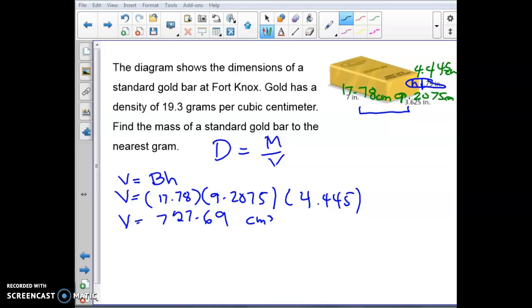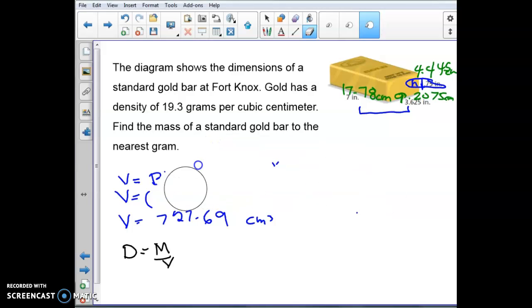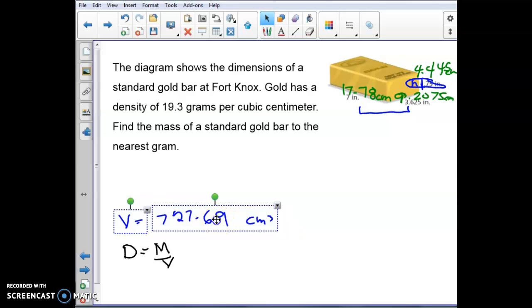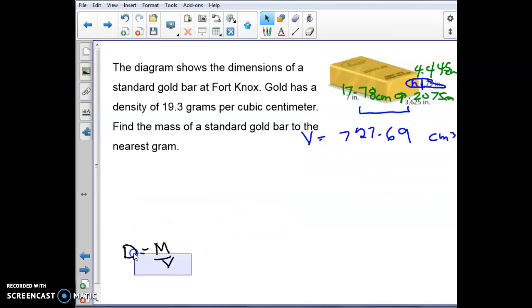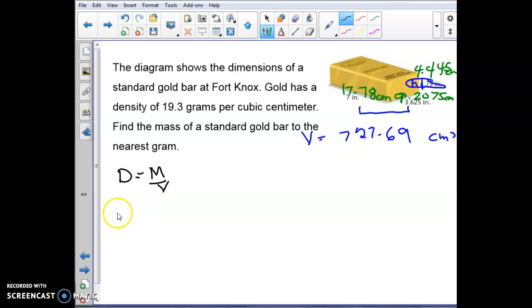So now we need to find the mass. So in the formula, D is equal to mass over volume.